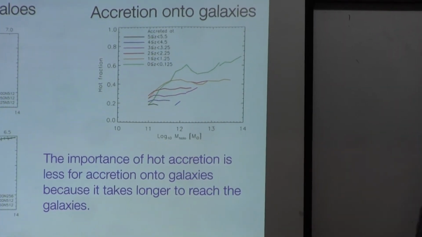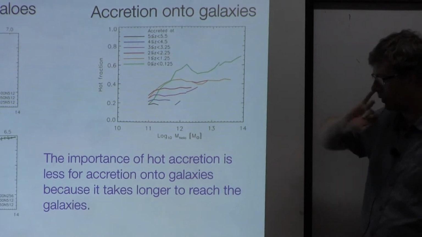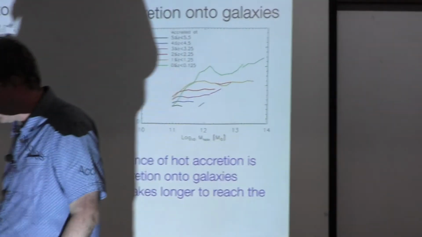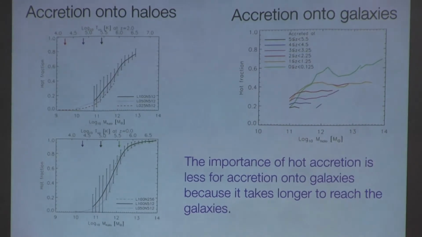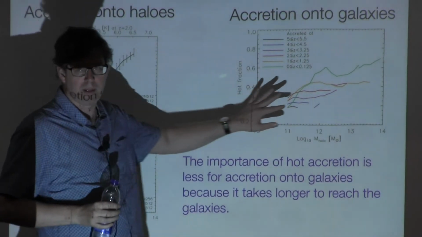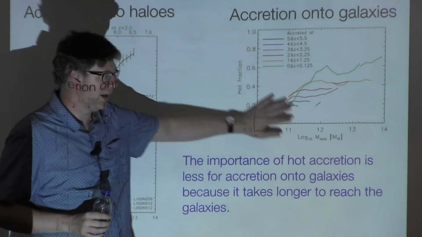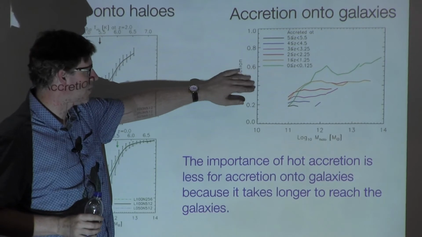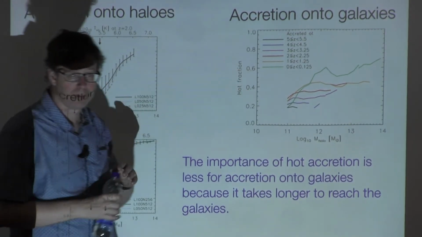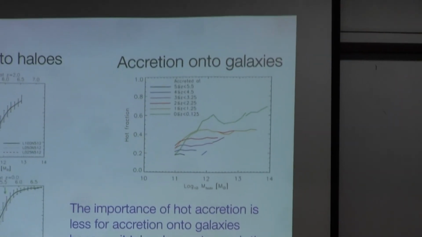And I think perhaps this one and the figure on the next slide are the most important. What this is showing you is the fraction of gas that's been accreted onto galaxies as a function of halo mass at different redshifts that came in hot, okay, so gas that's been 10 to the 5 Kelvin or hotter.